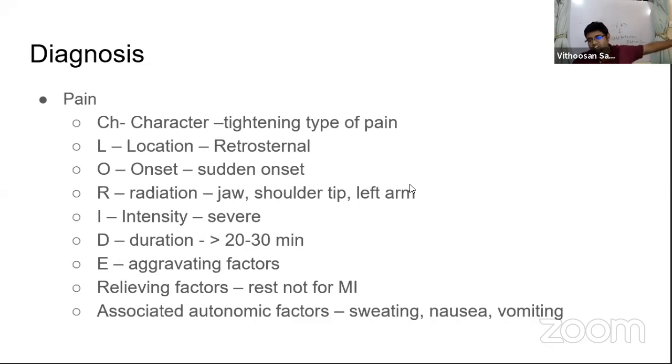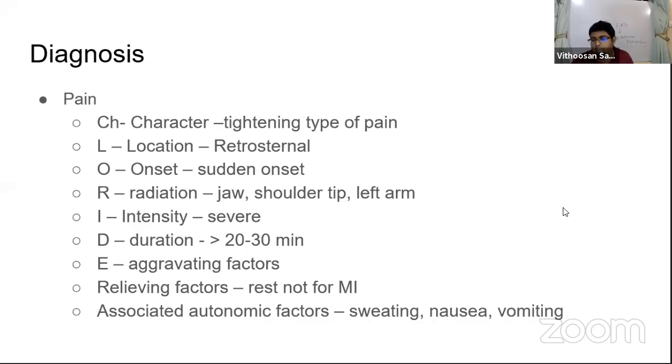And the left side of the forearm. The pain is severe in intensity, and in duration it lasts more than 20 to 30 minutes. Aggravating factors: any activity will increase it. In stable angina, I told you, when you walk there is pain, and when you stop, the pain stops. But that is not the case here.